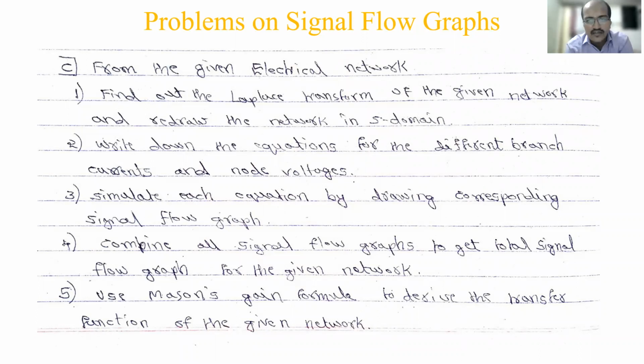Second step: write down the equations for the different branch currents and node voltages. Even this we have seen in block diagram reduction. The same thing applies here: the node voltages and branch currents, all these you have to write as individual equations. Third, simulate each equation by drawing the corresponding signal flow graph.